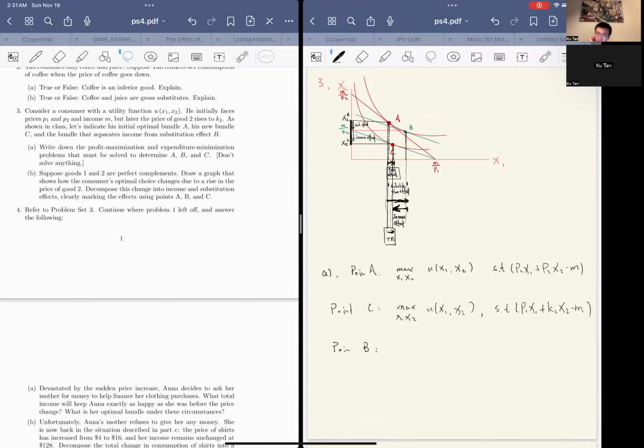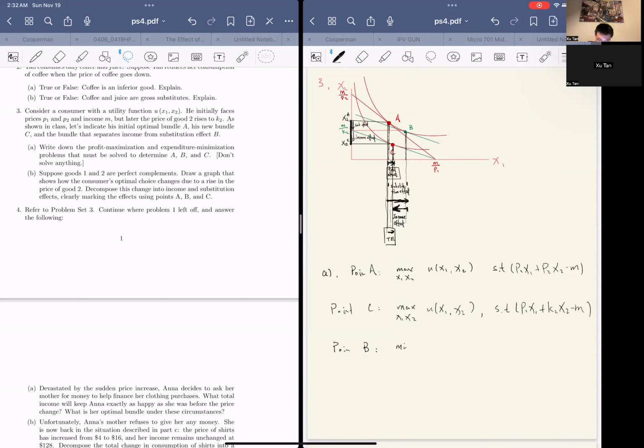We don't know how much money M we need to go back to the same utility as before the price increase, right?